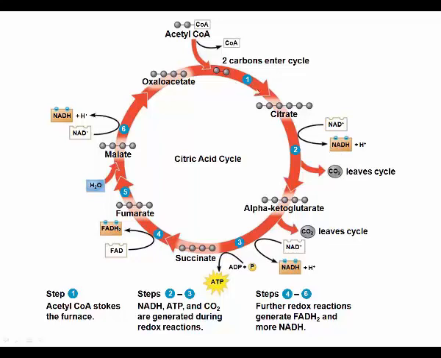Each one of these arrows is an enzyme catalyzed reaction. For example, succinate was a substrate for this chemical reaction, as was FAD. The product is a 4-carbon molecule and FADH2. So every step here requires an enzyme.